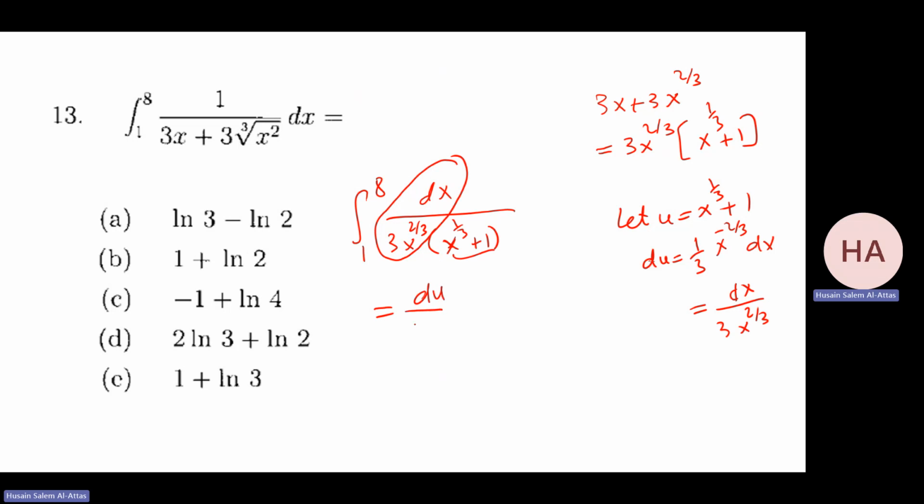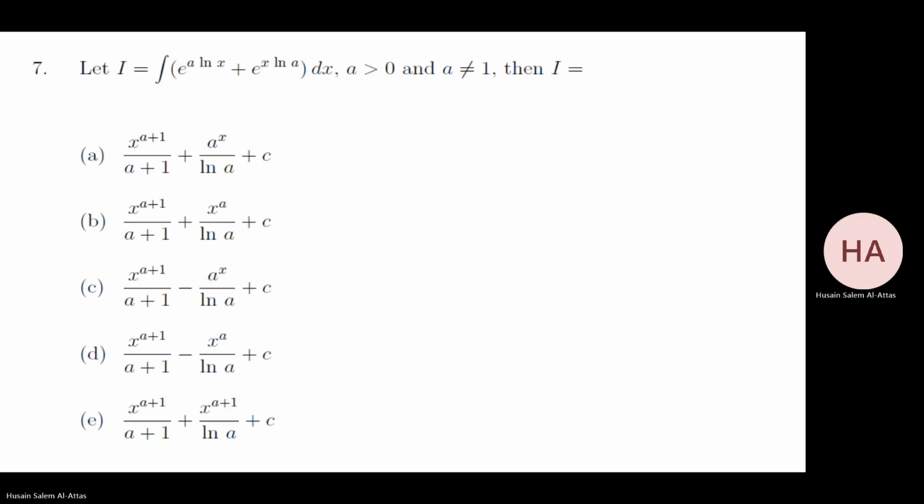So I'm getting du over u, but from where to where? 1, that will be 2. 8, cube root of 8 is 2 plus 1, that will be 3. So I have ln of u from 2 to 3, and that gives me ln 3 minus ln 2, which is this answer.